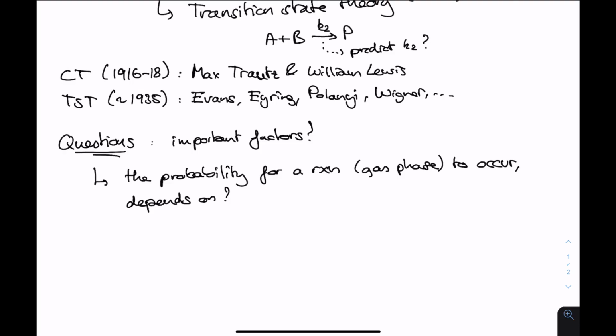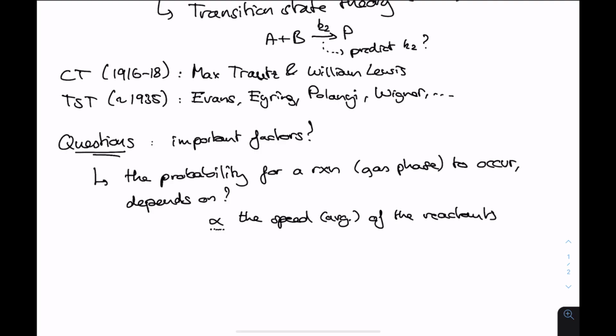Gas phase, so things flying around, bumping into each other. So it probably scales with the average speed of the reactants. Probably the number or the density of the reactants.